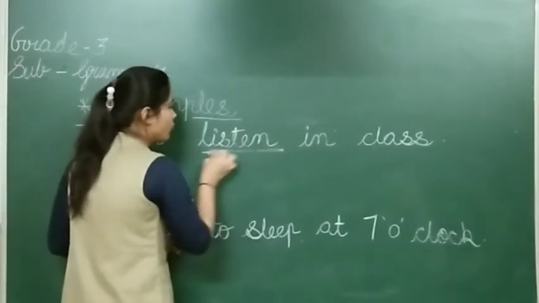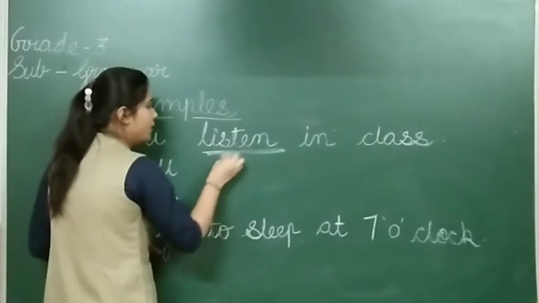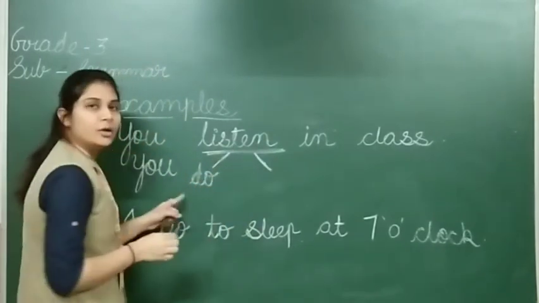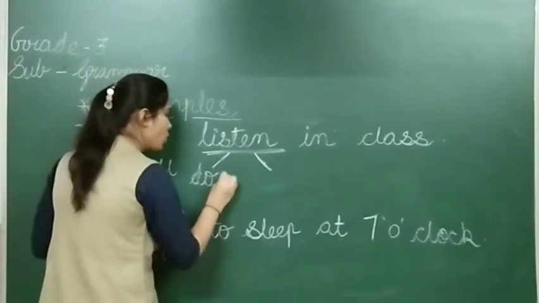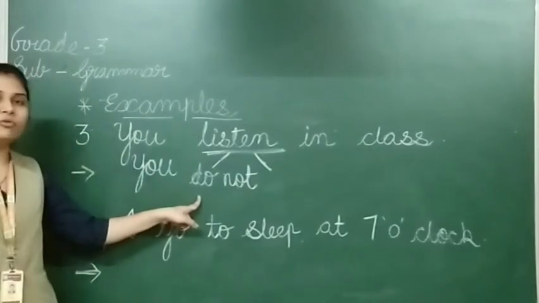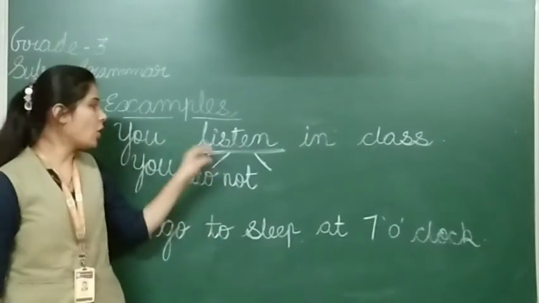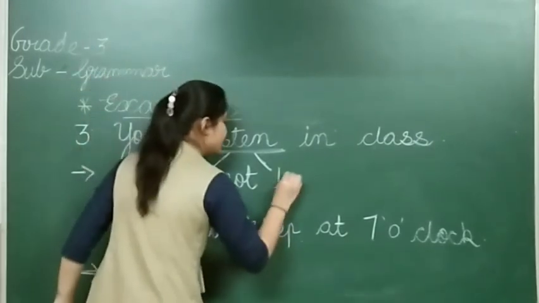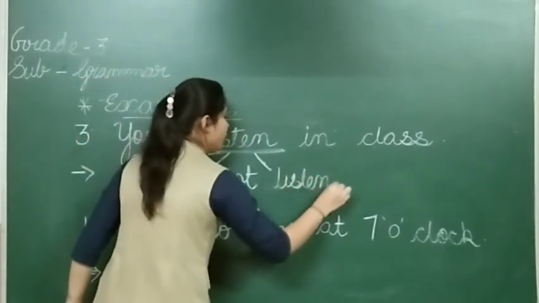After that what we have to do? For negative we have to add do plus not. Do not. Now same word we have to copy. Here we will write listen. We have to add verb.